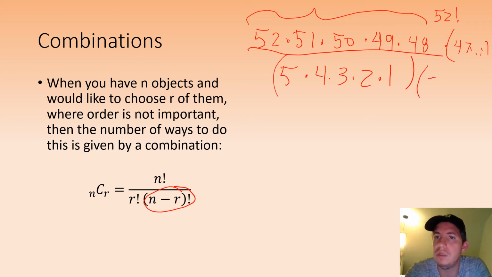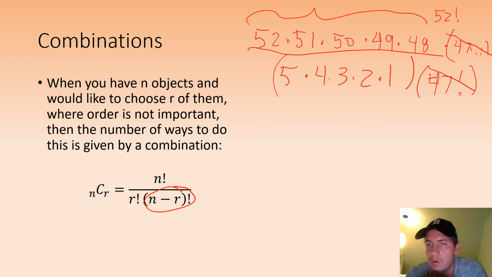So if I take 52 minus 5, I get 47 factorial. These would have turned into 1. They would have canceled each other out, and left me with just this part right here. And so this combination formula essentially does what you would think to do if you were trying to figure out the number of ways to take a combination of r cards out of n cards.